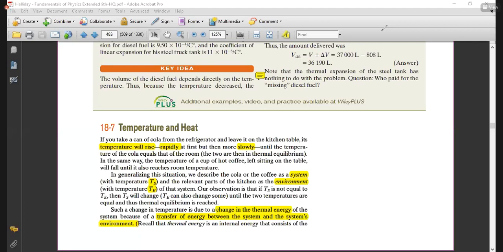But if the atmospheric temperature is 30 or 40 degrees centigrade in summer, the water will feel colder. While in winters we have a temperature of about 10, 15, or 5 degrees centigrade, while the temperature of the water is 20 degrees centigrade, so it will feel warmer compared to the atmosphere. So this is the basic reason behind this.